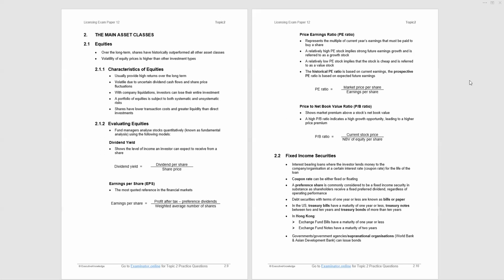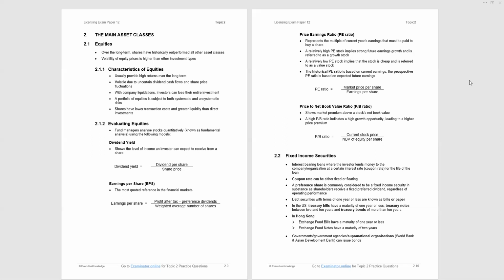Now, in the US, Treasury bills have a maturity of 1 year or less, Treasury notes between 2 and 10 years, and Treasury bonds, these are loan instruments issued by the government, of more than 10 years. Now, in Hong Kong, we have the exchange fund bills, which have a maturity of 1 year or less, and the exchange fund notes, a maturity of 2 years.